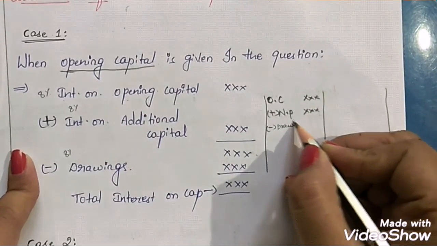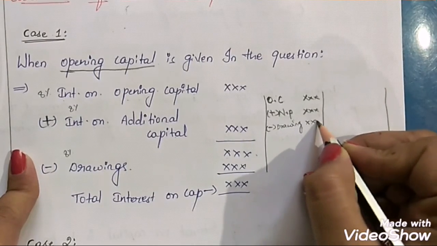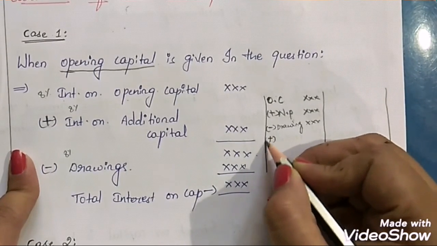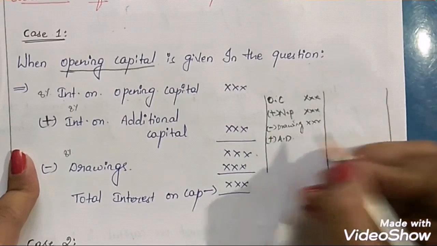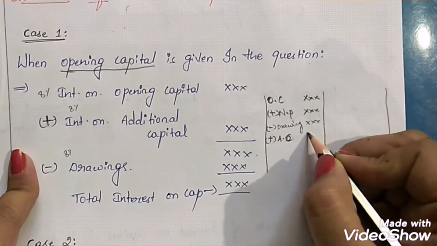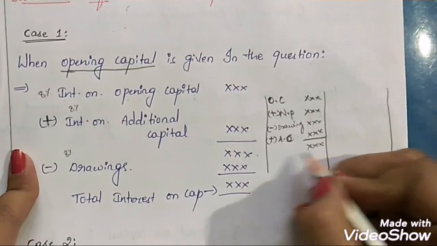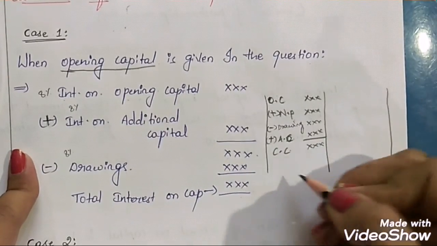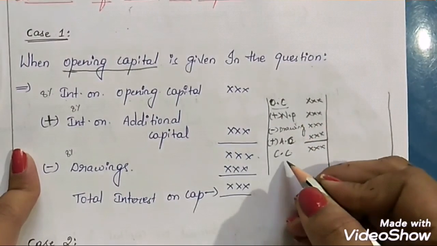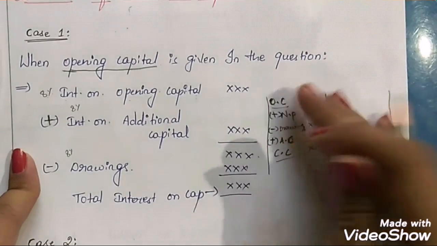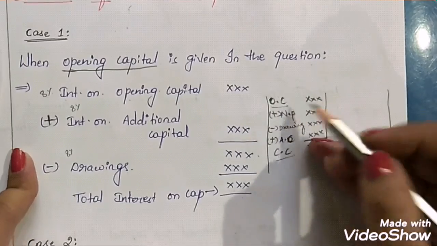Then if there is any additional capital, again we will add it. At last we will get the amount that we call closing capital. So this is the opening capital and this is the closing capital. This is what we do in the balance sheet.